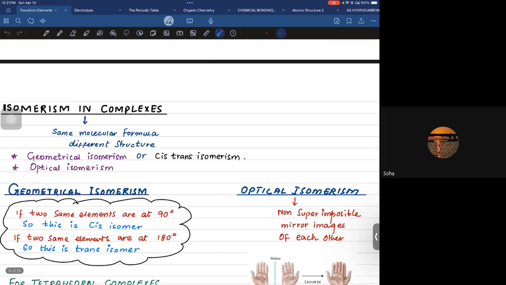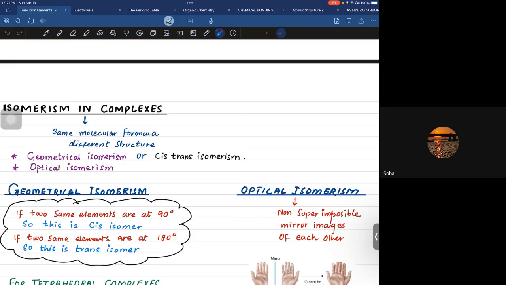Then after discussing the geometries, geometry is a very important part of this. After discussing this, we have two types of isomerism to discuss. What we would be discussing is stereoisomerism.